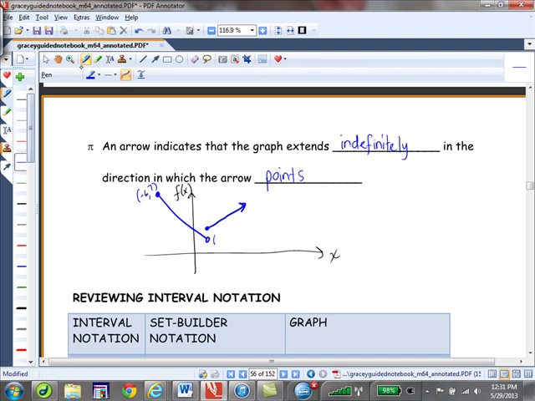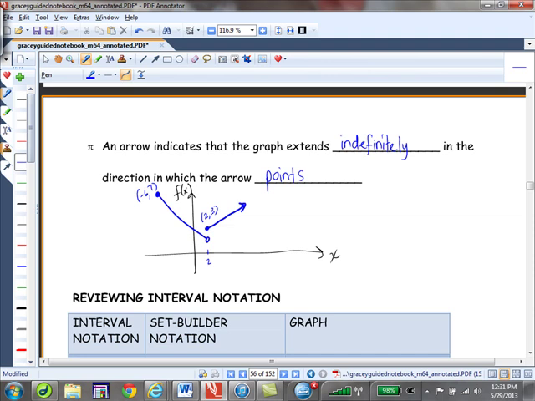Well, it's not really an ordered pair because it wouldn't be part of the graph. Let's just say this here was 2. Suppose right here this was the ordered pair 2, 3.